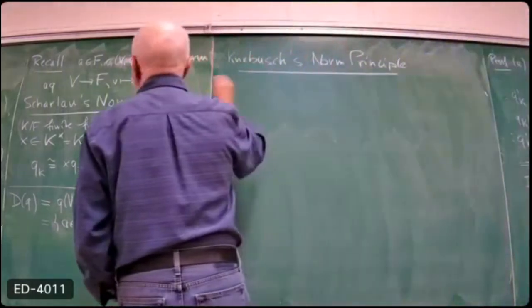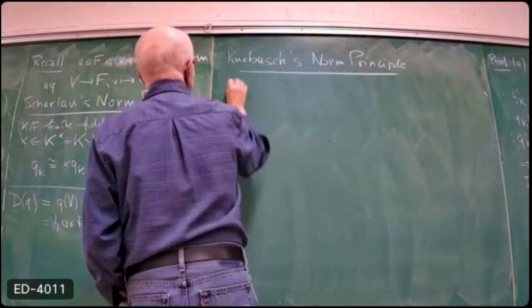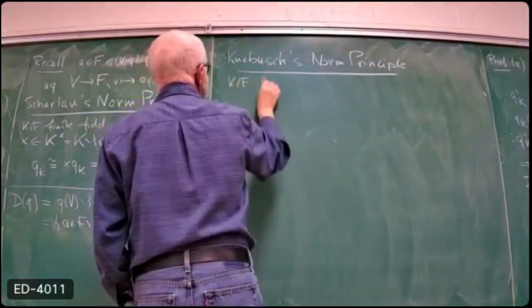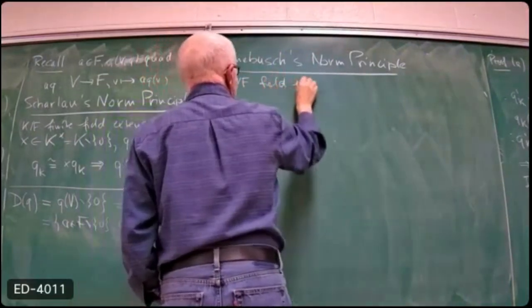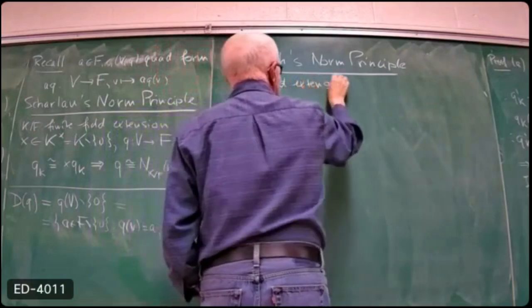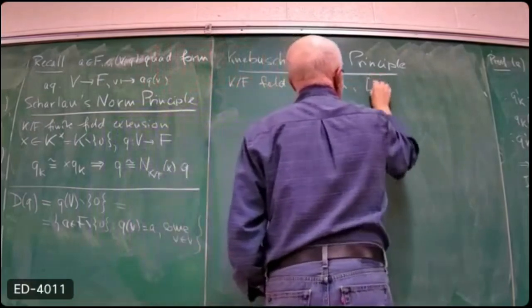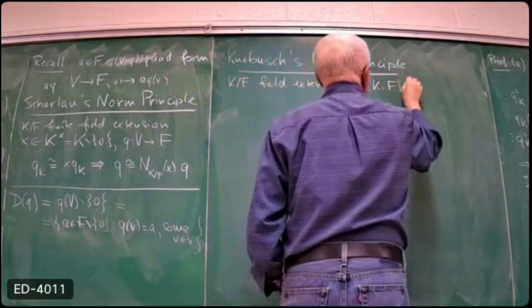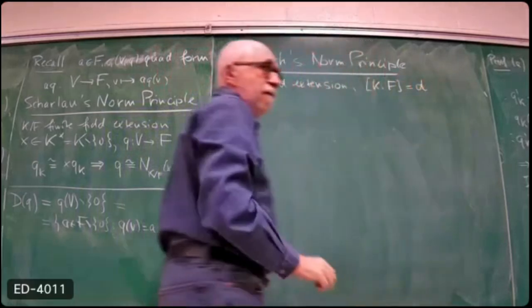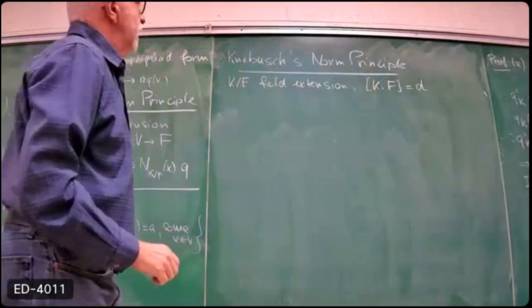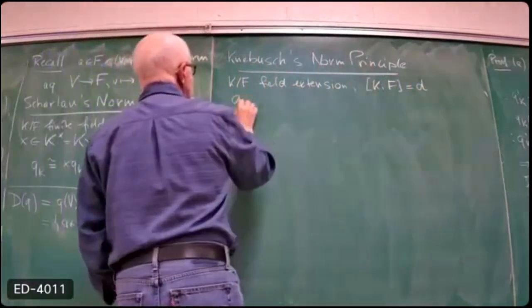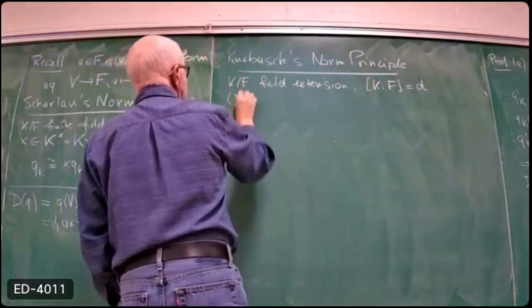So, as usual, we fix K over F a finite field extension, and I denote its degree. Now we take any quadratic form.